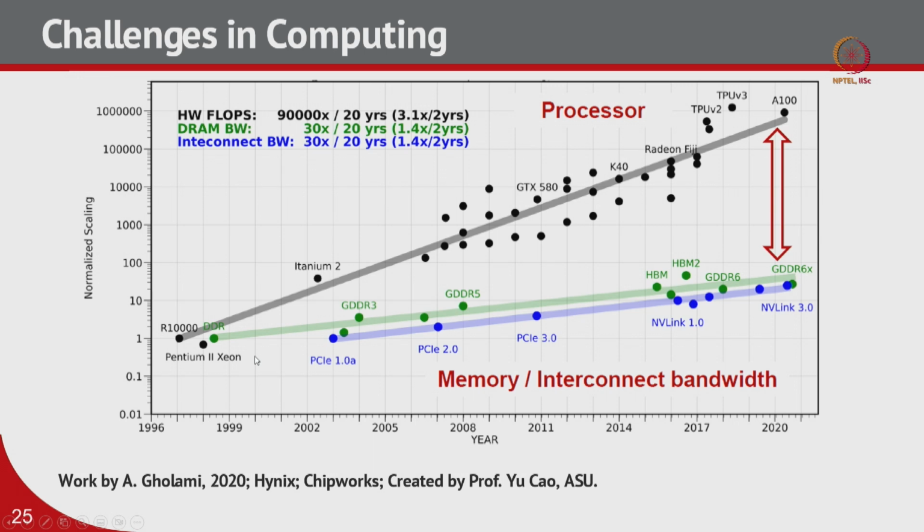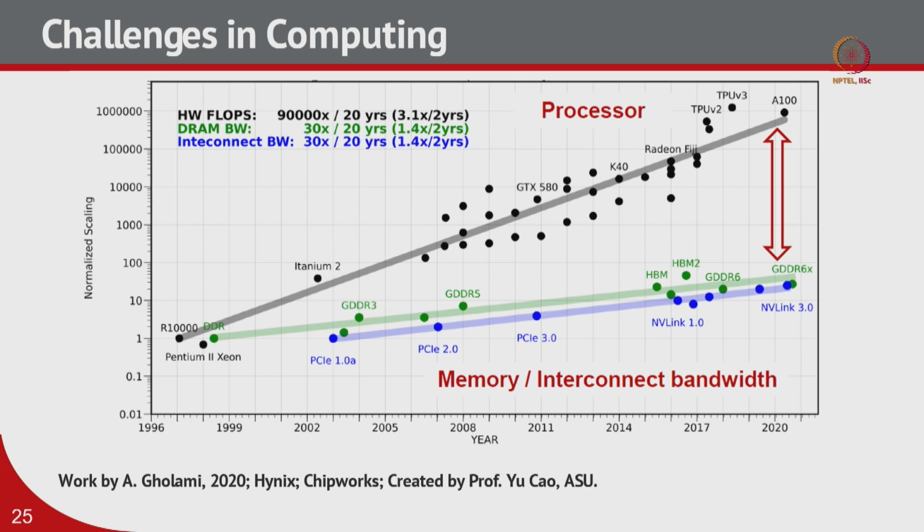Now, what it means is our processor can generate a huge amount of data at a very high speed, or the processor requires data at a very high speed. However, at the same time the DRAM bandwidth and the interconnect bandwidth are so low that they cannot provide or consume data at that speed, right.